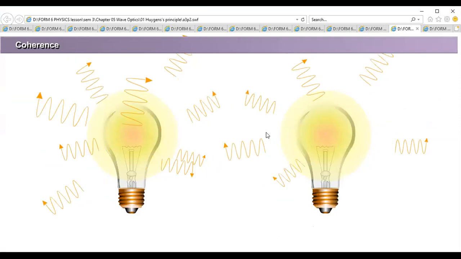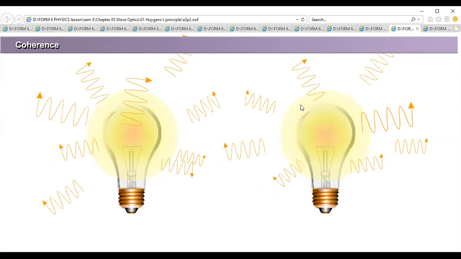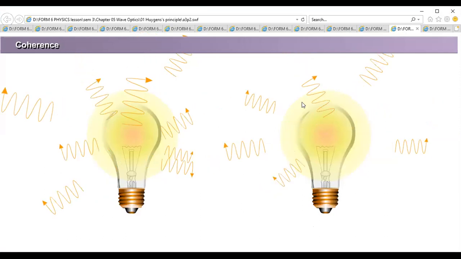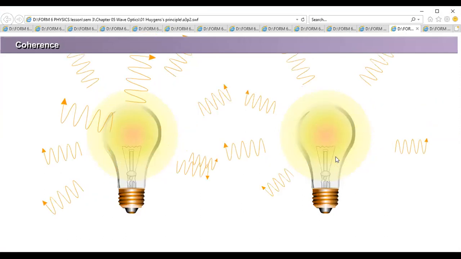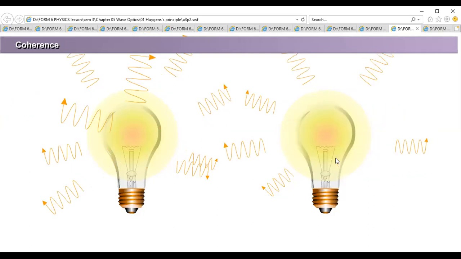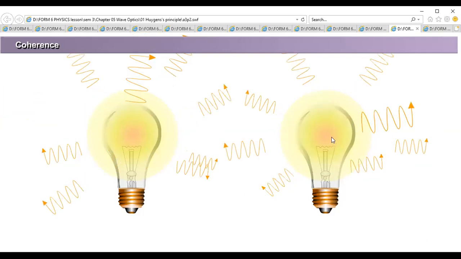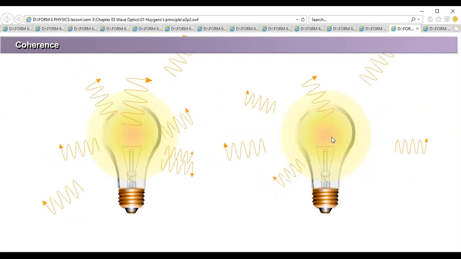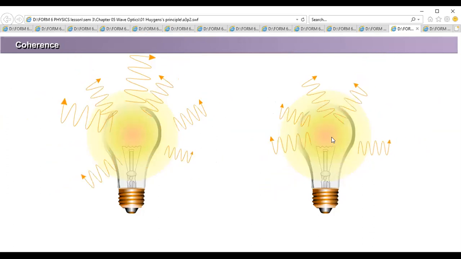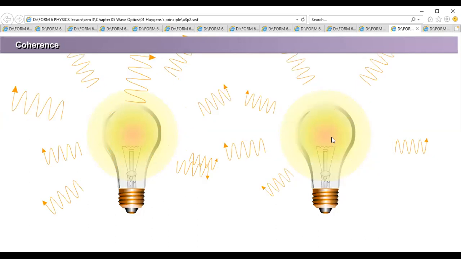That means the two waves must come from the same source. But the heated filament produces white light, which is a combination of the seven basic colors, so different colors of light with different wavelengths.